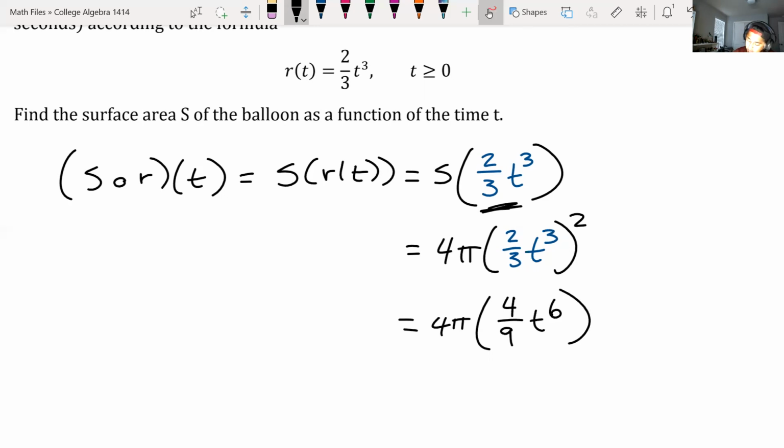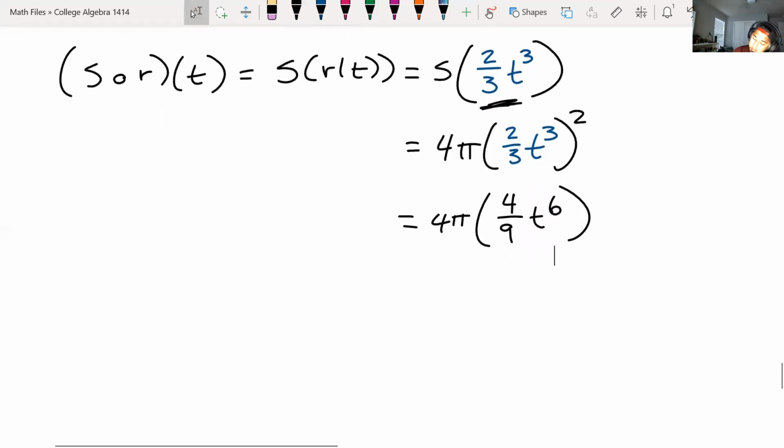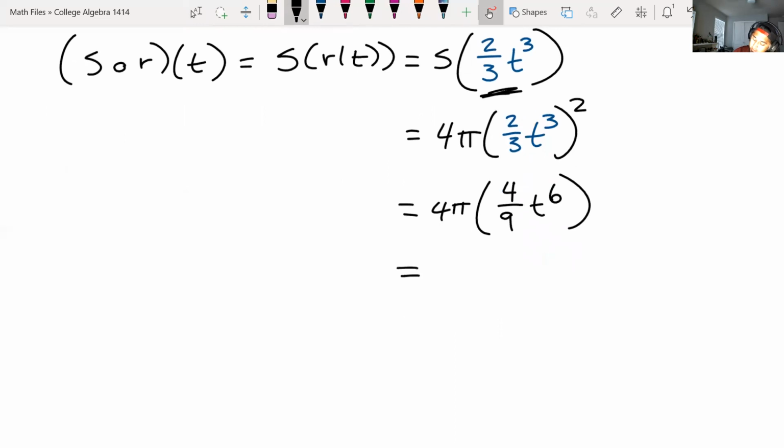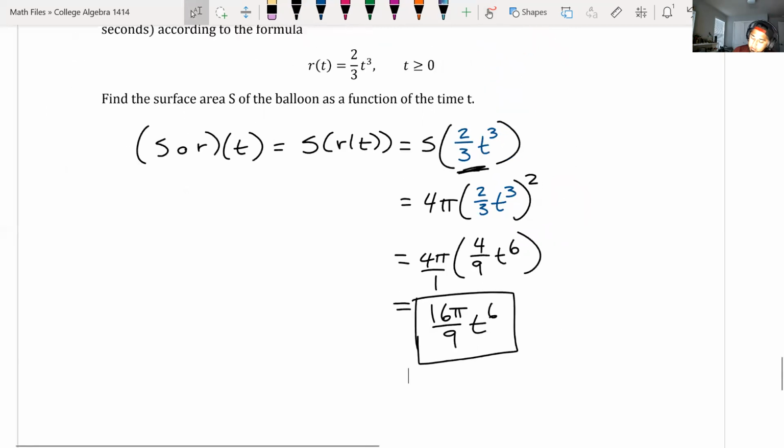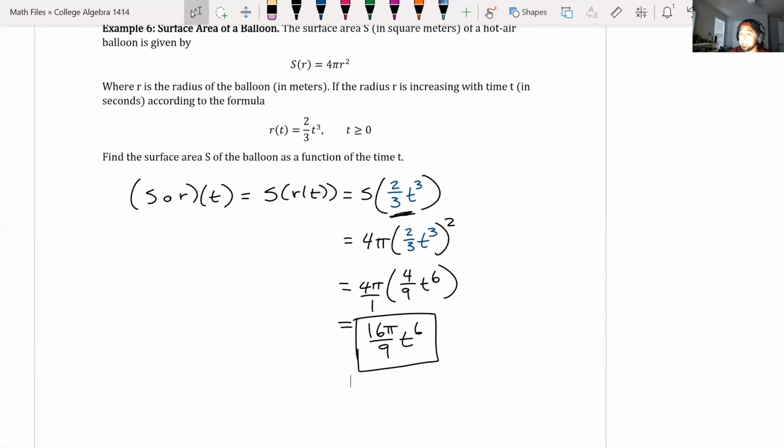Good. And now just multiply. You can put this 4 pi over 1 and multiply straight across. I'll get 16 pi over 9 t to the 6th. And there it is. This new formula will give us the surface area of the balloon as a function of time.